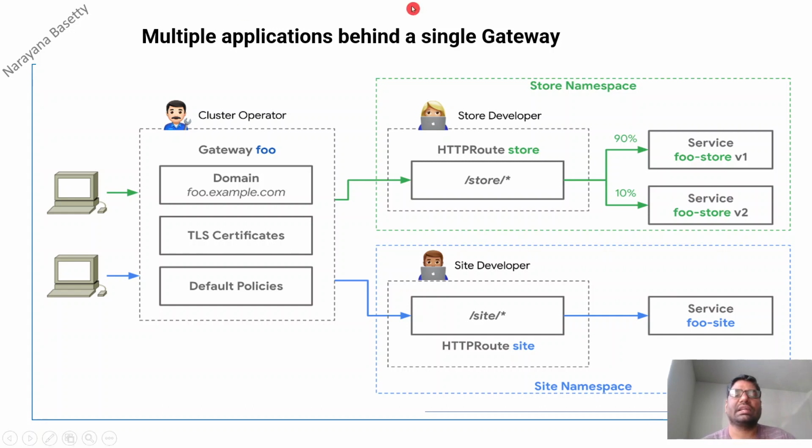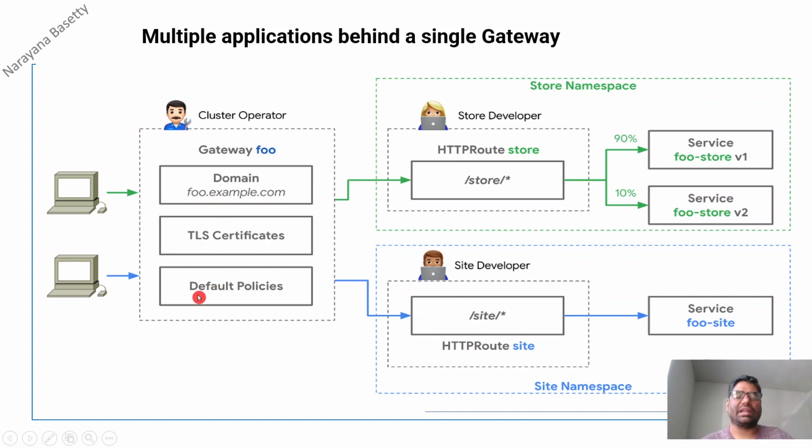Okay, you can see multiple applications behind a single gateway. Say for example, there are two people who are trying to access it. Okay, so here the cluster operator is using the gateway class when he is going to configure the gateway services, because here we are not depicting the gateway class, since someone created it with respect to the previous orchestration diagram. Now the name of the gateway is called foo, and the domain name is foo.example.com. This is the domain.